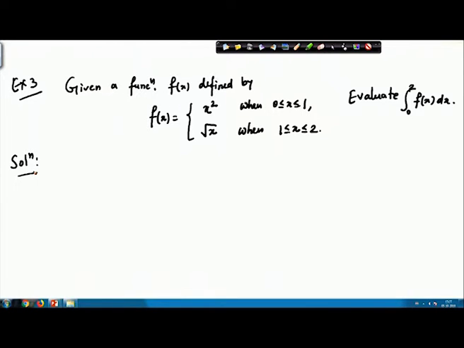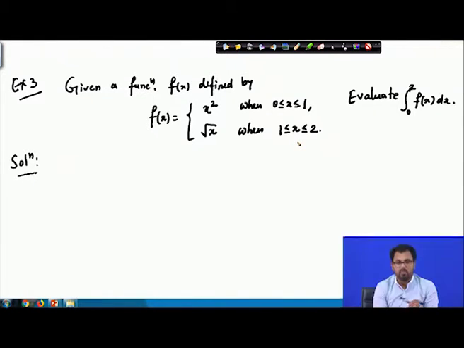So here our given function f is x squared between 0 and 1 and root x between 1 and 2. So obviously this function is continuous from 0 to 2, and therefore we can use that continuity theorem that every continuous function is Riemann integrable.